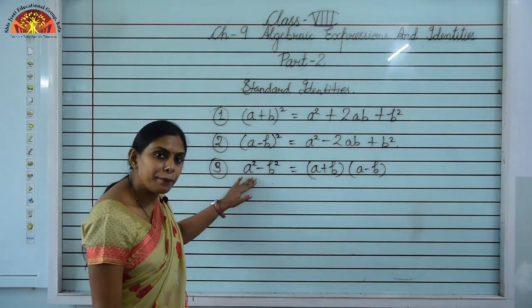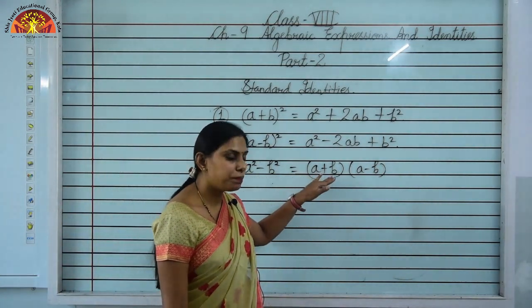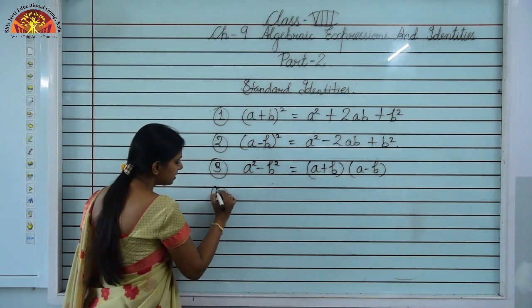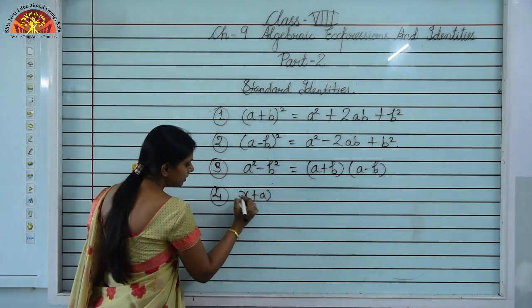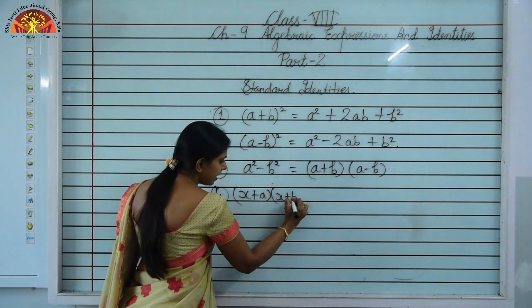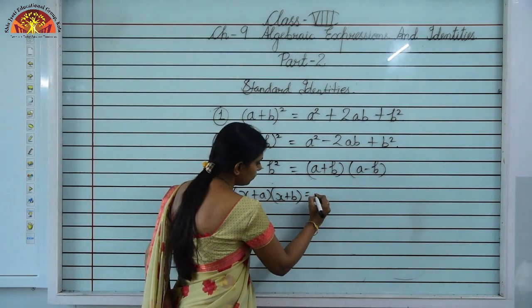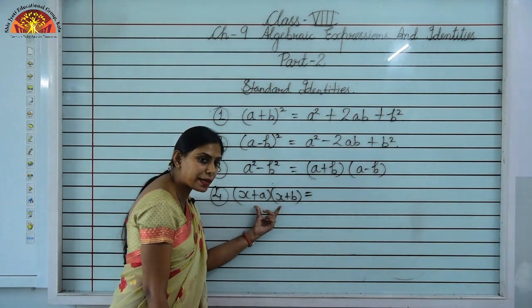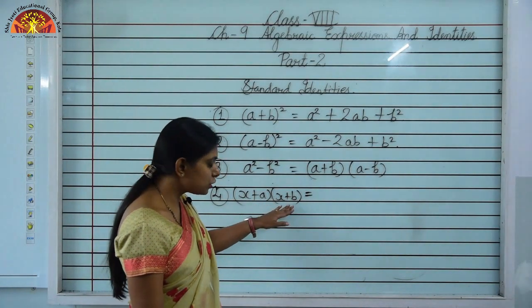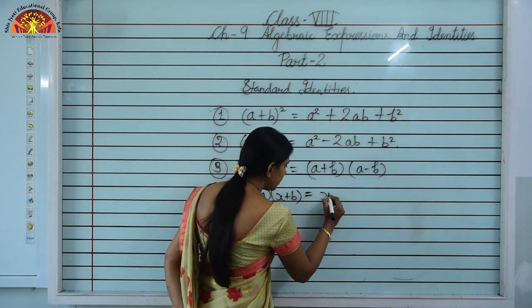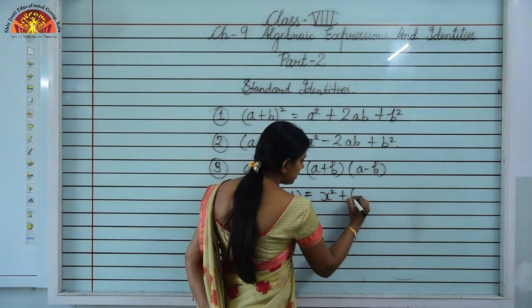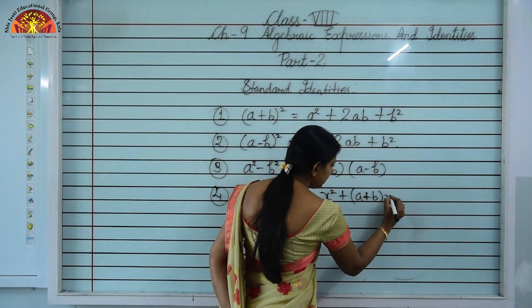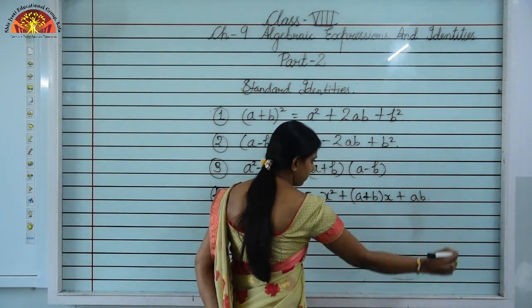That is A square minus B square is equal to A plus B into A minus B. Now the last one is, that is x plus A into x plus B, which is equals to, जब आप इन दोनों को मल्टीप्लाई करेंगे, when you will just carry out the product of two algebraic expressions, that is x plus A into x plus B. So it will come x square plus a plus b into x plus ab. Is it clear?